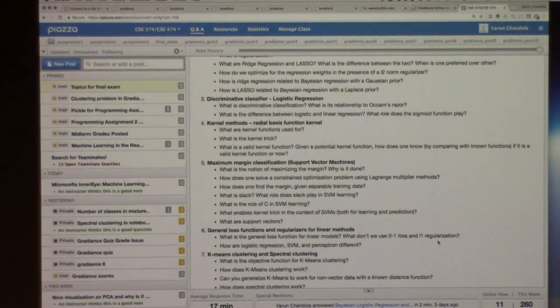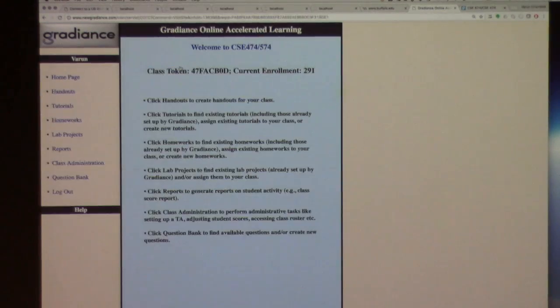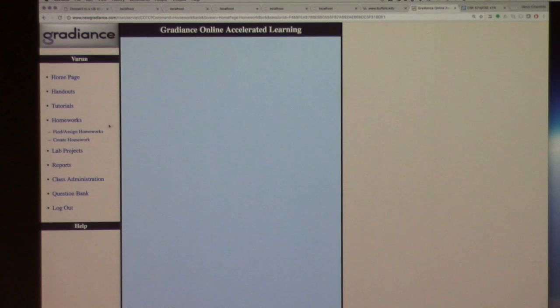We have a couple of questions in gradients, but they are fairly easy to understand, right? So I give you a kernel function, and then I say just apply it to get the new data and then use that. Okay, you can open that homework.